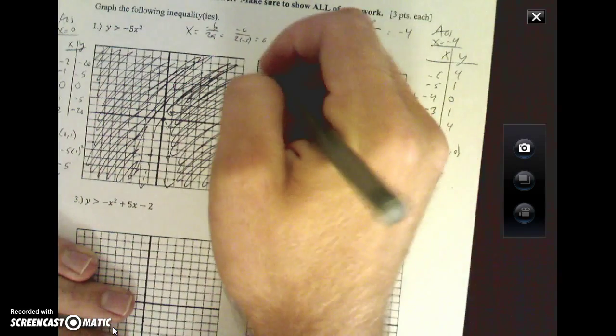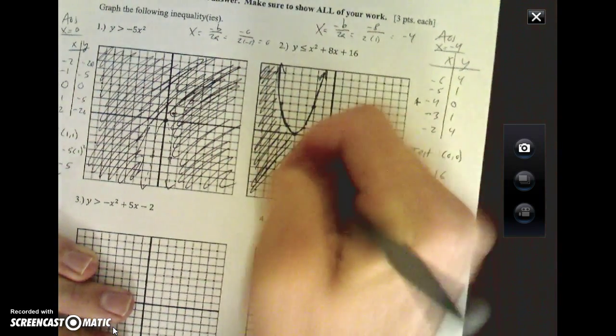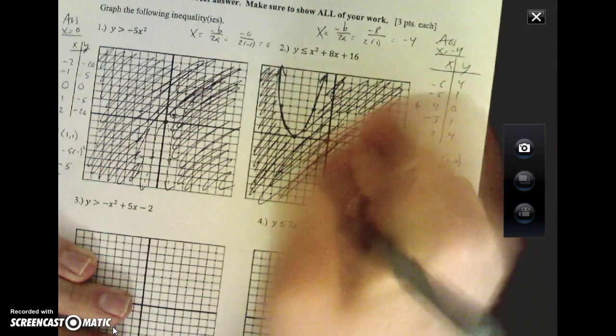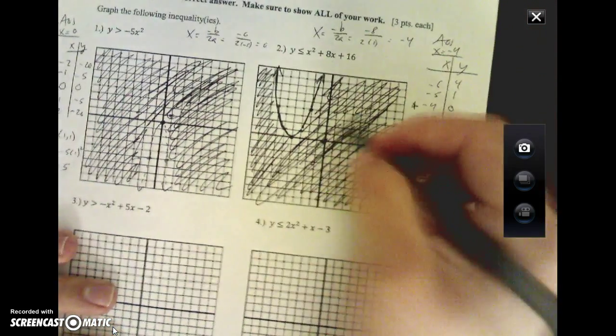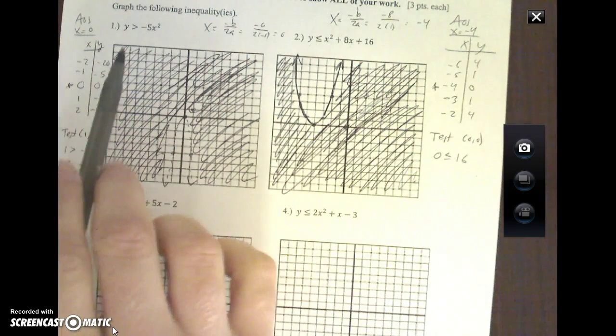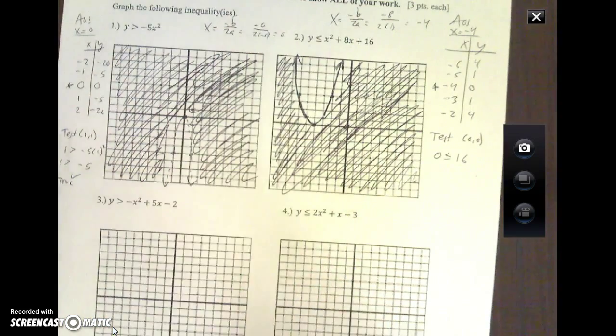So I want everything on that side of it. There we go. Okay? So, looking good so far. Just make sure you have a dash for greater than, less than, solid for less than or equal to, greater than or equal to. Alright? Okay, two more.